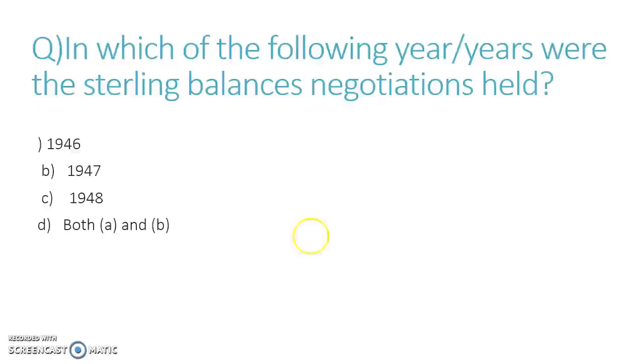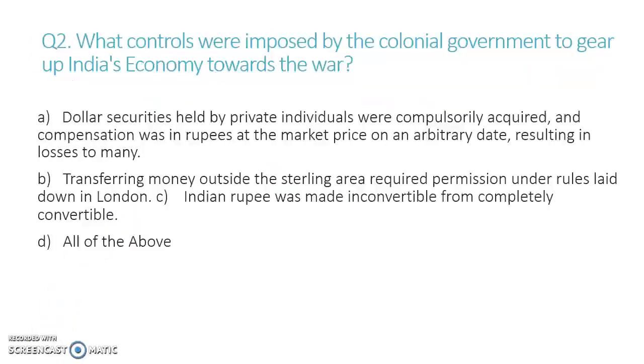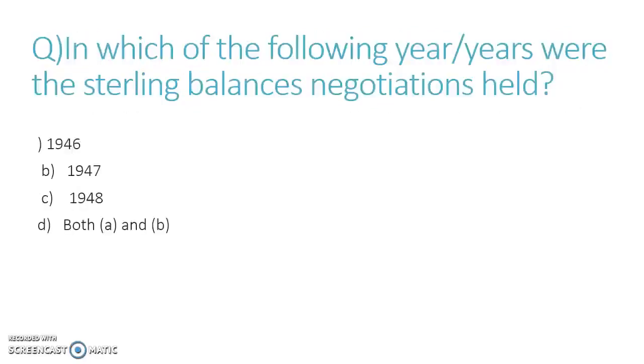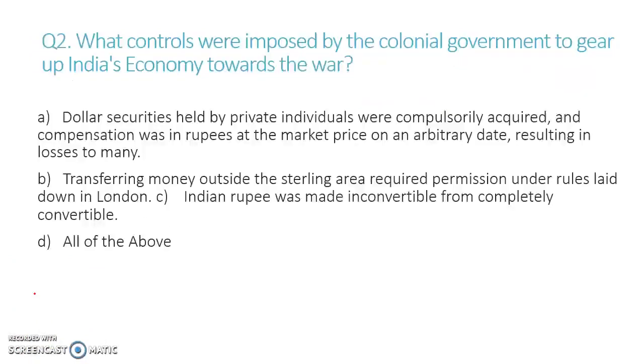Okay, so let's look at some questions. In which of the following years was the sterling balance negotiation held? They started in 1946.